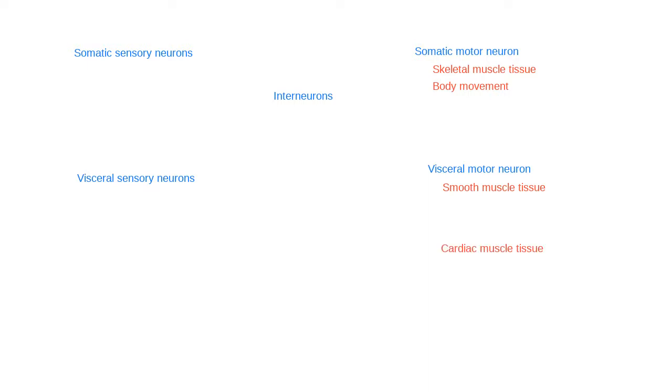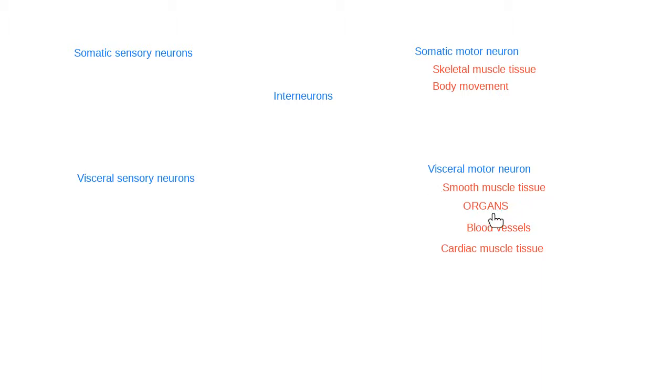So when we need to activate something that has smooth muscle, most of your body's organs are made of smooth muscle. It's going to be those blood vessels. If we need to increase or decrease your blood pressure by making the blood vessels bigger or smaller, I would use a visceral motor neuron to do that.